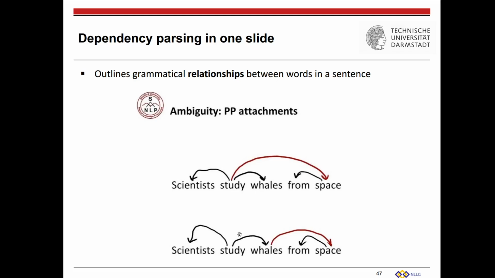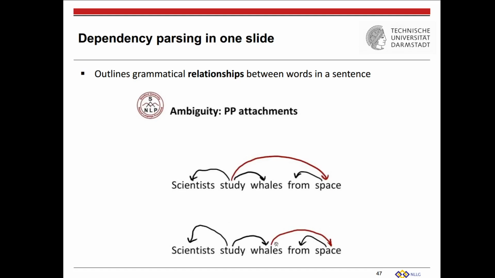Basically, we want to outline the grammatical structure of the sentence by putting arrows between two words if they stand in a dependency relation. And if we do that, we could, for example, disambiguate whether the scientists study whales from space, or whether it's from space that they study whales, or whether they study whales that come from space, right?